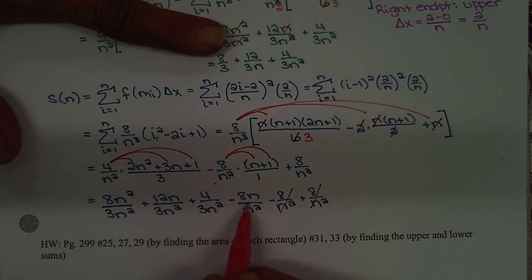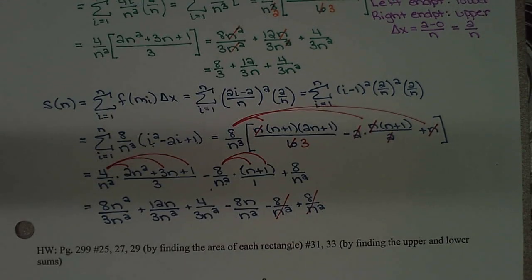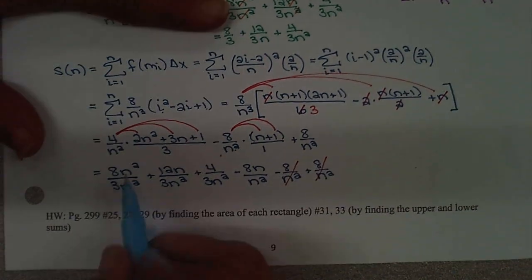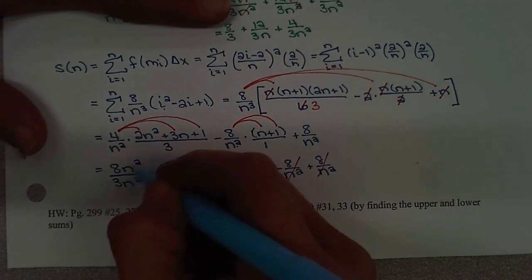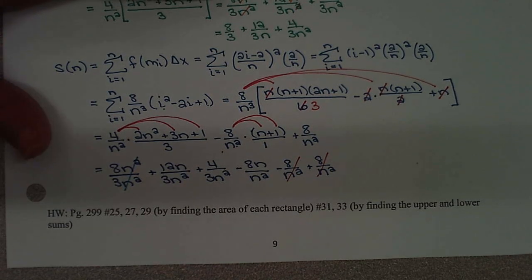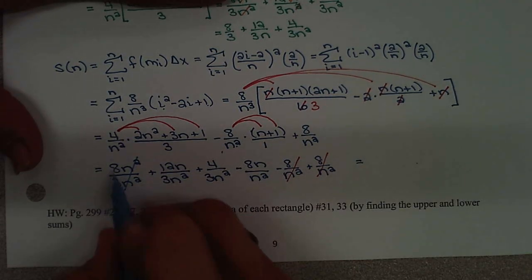These two terms are like terms, so I'm going to be able to combine those. And I'm going to be able to do some reducing here within these fractions. So if I come in first and I start reducing within the fractions, I have an n squared over an n squared. Those are going to cancel, and I'm just going to get this 8 over 3.